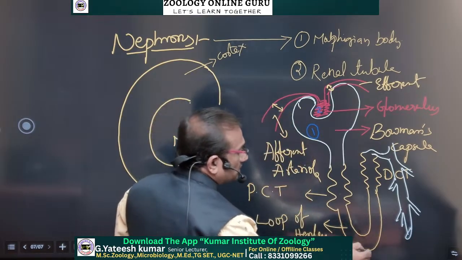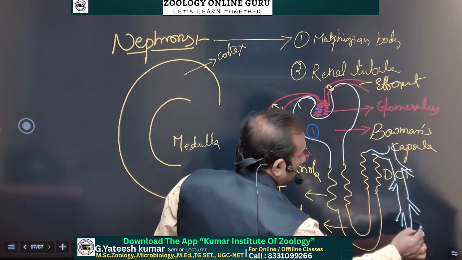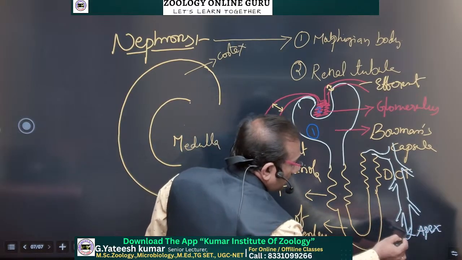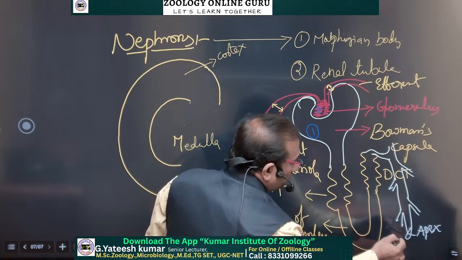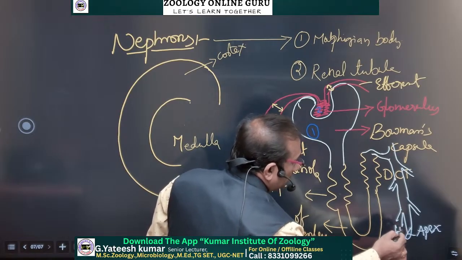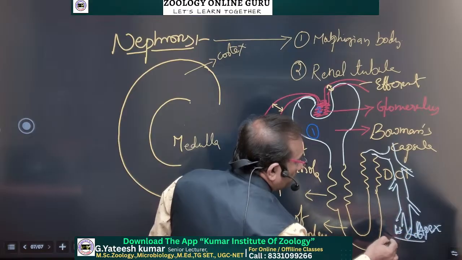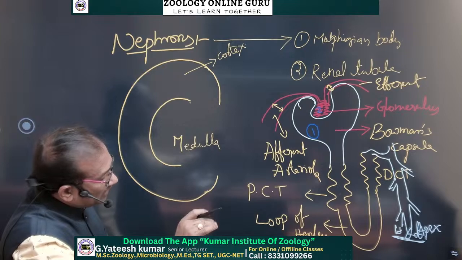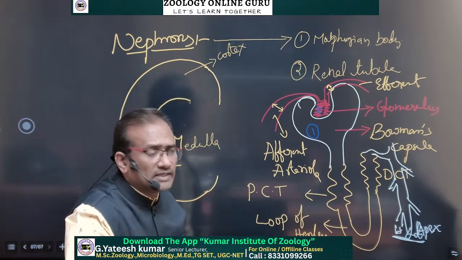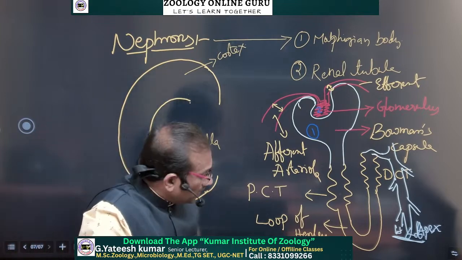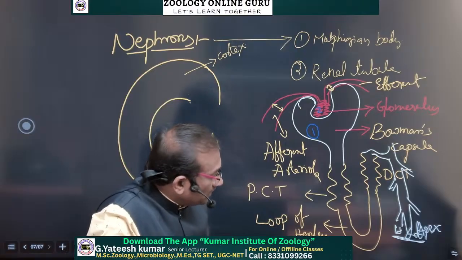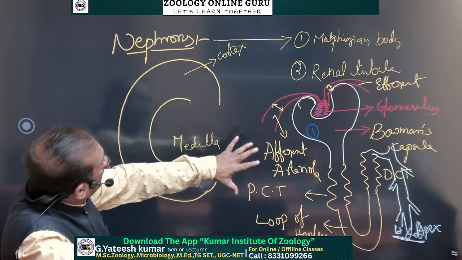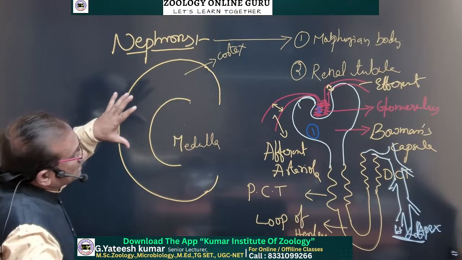This collecting duct opens into the apex of the renal pyramid, and all these collecting tubules open into an area called minor calyces, and from that they collectively form a large tube called major calyces, and then they open into the pelvis area. So this is the structure.